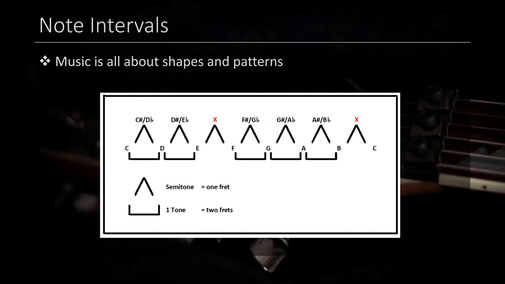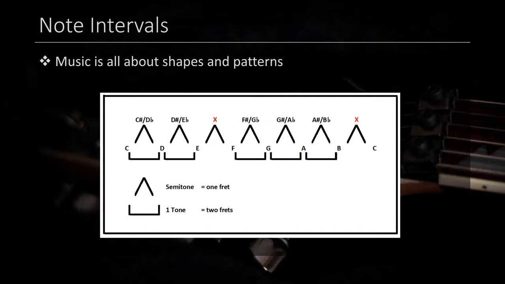So you've got a semitone which is one fret move, and then you get a tone which is 2 frets. So you might move from fret 1 to fret 3. That would be a tone, and moving from fret 1 to fret 2 would be a semitone. So then what you've got is a tone, tone, space, tone, tone, tone, and then you're back to the beginning again, so the space, and you get this pattern throughout.